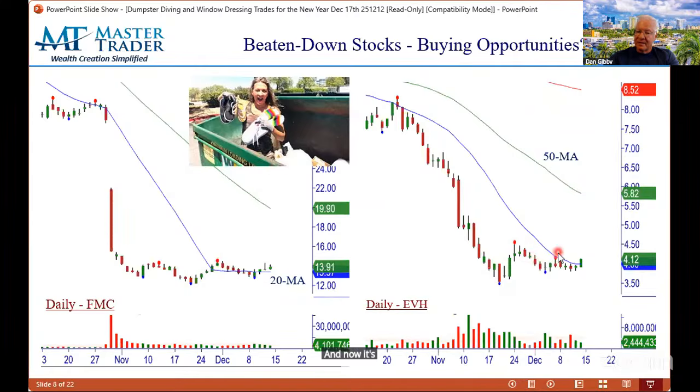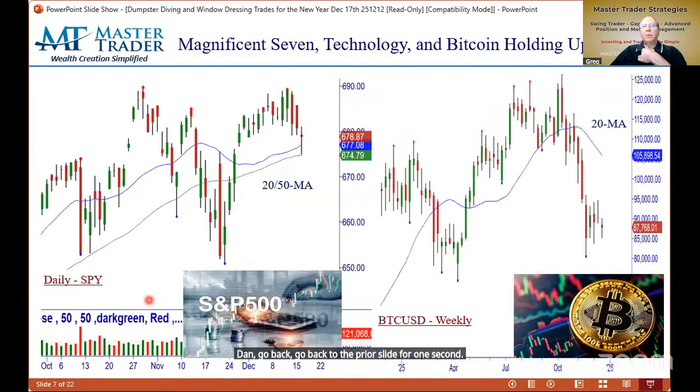Go back to the prior slide for one second. What Dan was showing you on the previous slide are specific pictures of what we're looking for. All of us are price pattern traders, so our mission is to find pictures. When you boil it down, we're looking for pictures.